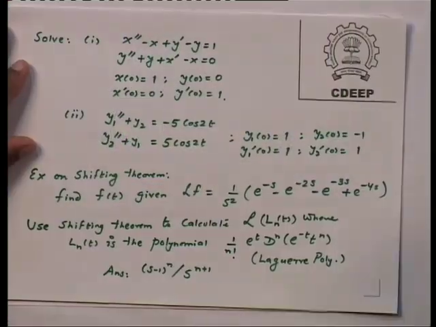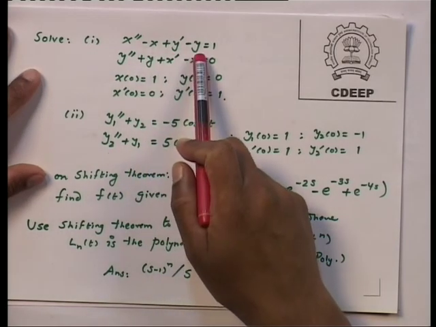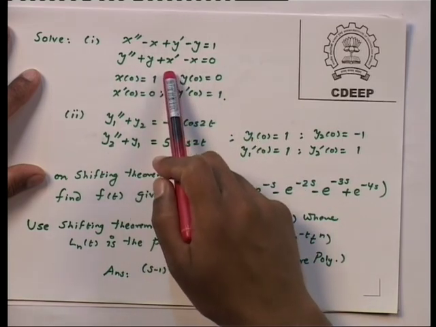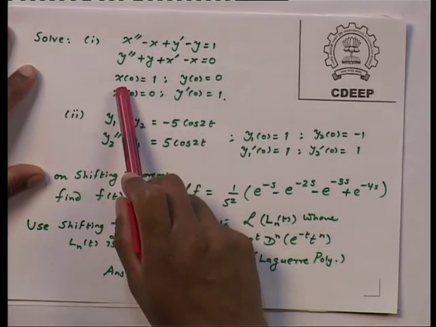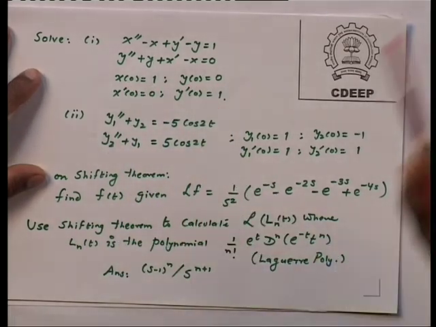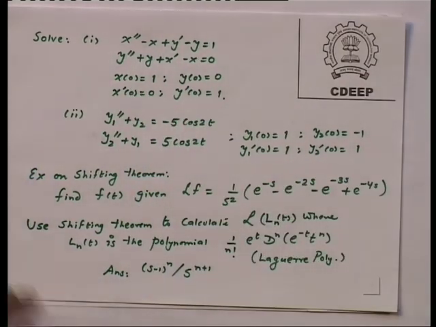I can apply Laplace transform directly. Okay, here are some exercises of that kind. x double prime minus x plus y prime minus y equal to 1, y double prime plus y plus x prime minus x equal to 0. x of 0 is 1, x prime of 0 is 0, y of 0 equal to 0, y prime of 0 equal to 1. Look at this. Directly apply the Laplace transform, finished.